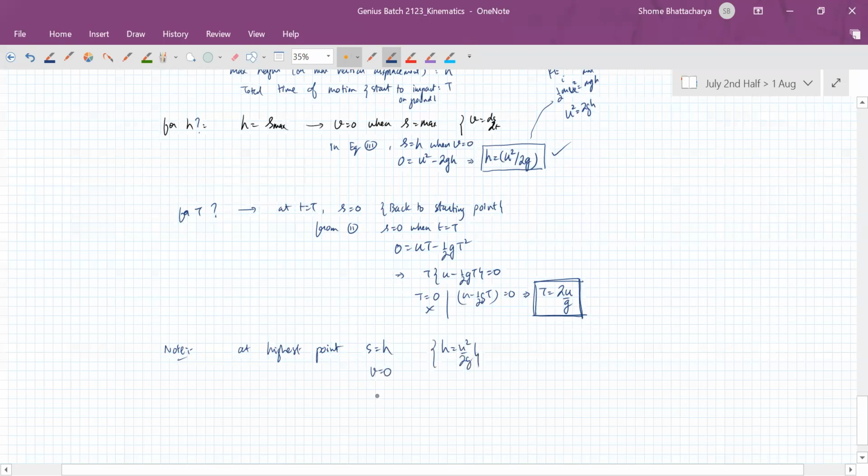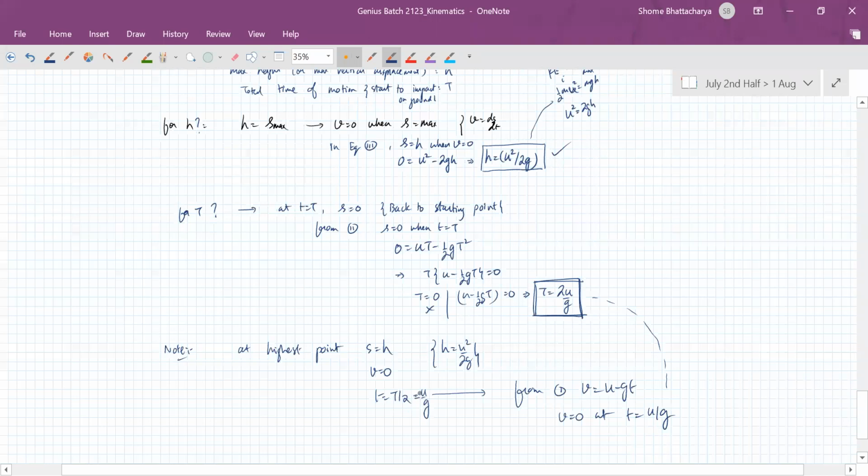The time is actually half the time of flight. And this you can understand from the first equation of motion, that v is equal to u minus gt. So you can see that v is equal to 0 at t equal to u by g. And total time above we had seen was this.